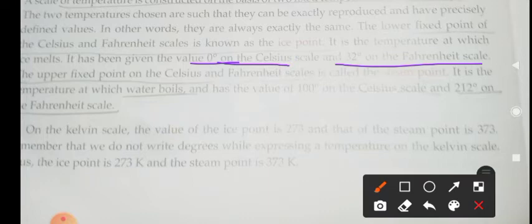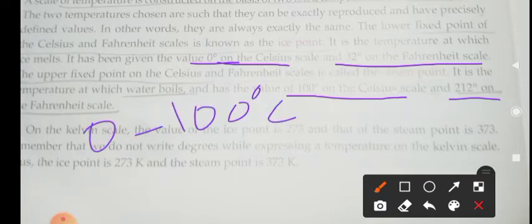The upper fixed point is called the steam point. The steam point value is 100 degrees Celsius on the Celsius scale, and 212 degrees Fahrenheit on the Fahrenheit scale. So 0 to 100 for the Celsius scale, and 32 to 212 for the Fahrenheit scale.